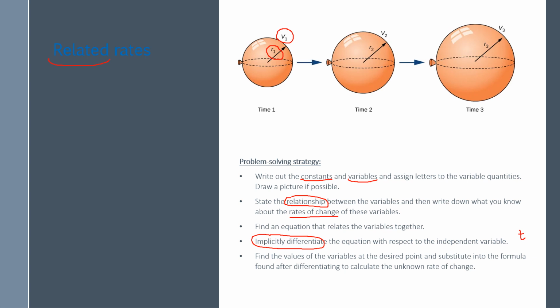Okay, so this is a nice problem solving strategy that we should follow. And once again, at the moment, it might not make too much sense to you. It will make a lot more sense once we take a look at the problems. So that's what we're going to do for the rest of this lecture. There are 4 different problems that we're going to discuss. Let's go ahead and get started.